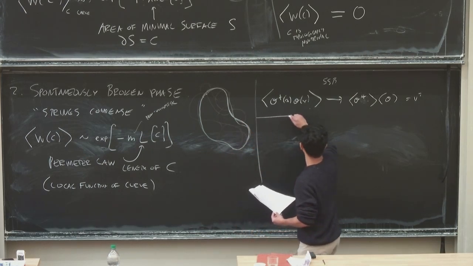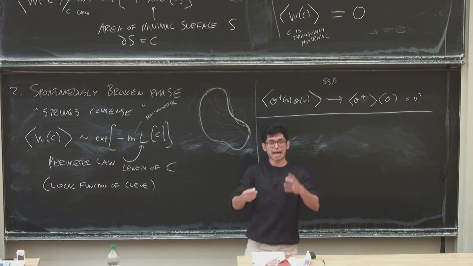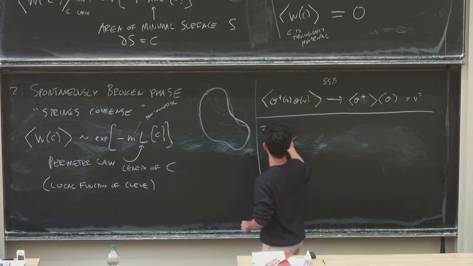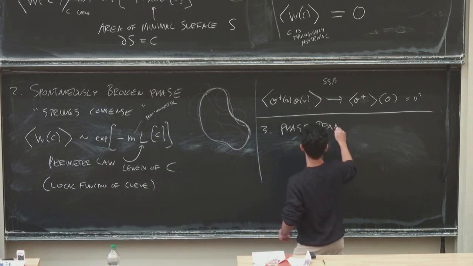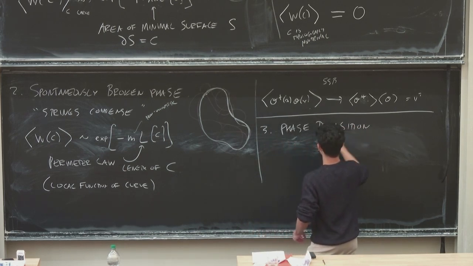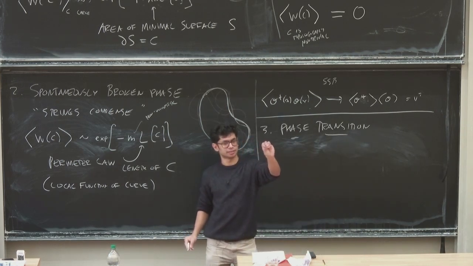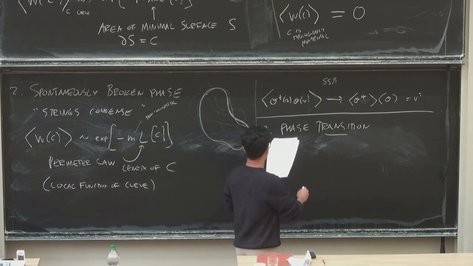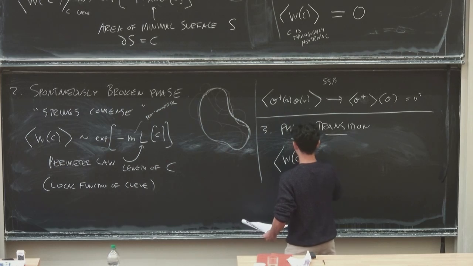And now, the next thing that you can imagine, of course, is what happens between the two. You can imagine, for example, a phase transition. Just like in the zero form case, you could imagine a phase transition separating the two phases. So what happens then at the phase transition point?